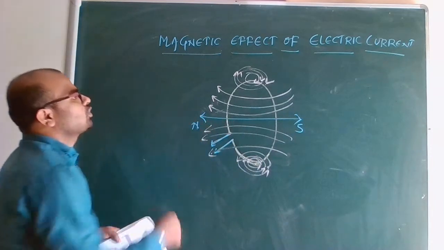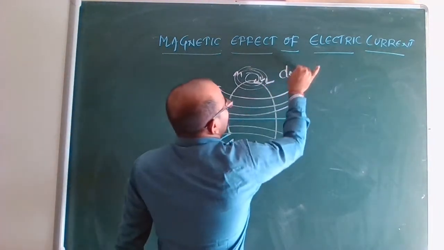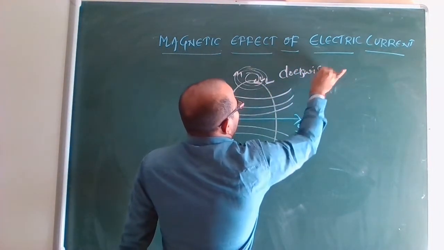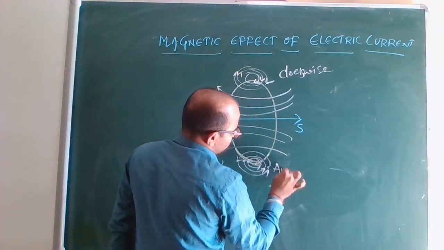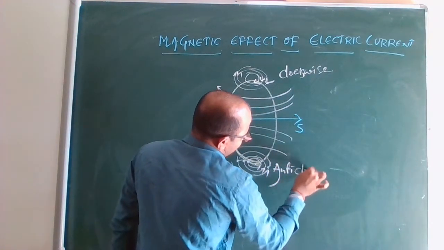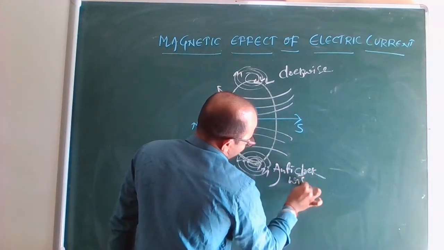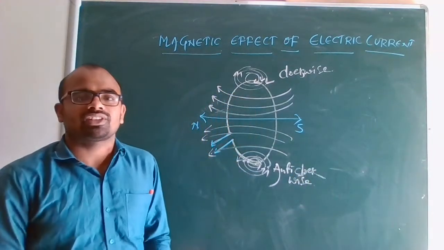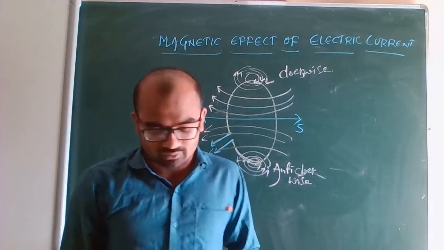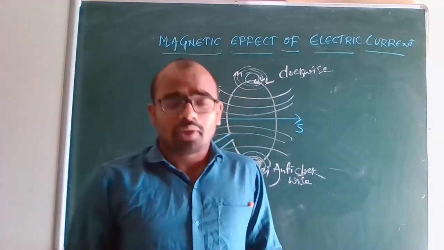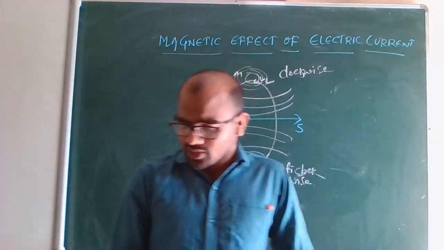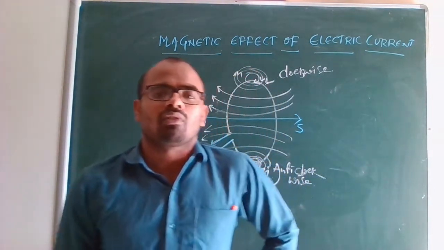They are moving anti-clockwise here, and here they are moving clockwise. Clockwise and anti-clockwise. See here, magnetic field due to a current through a circular loop.